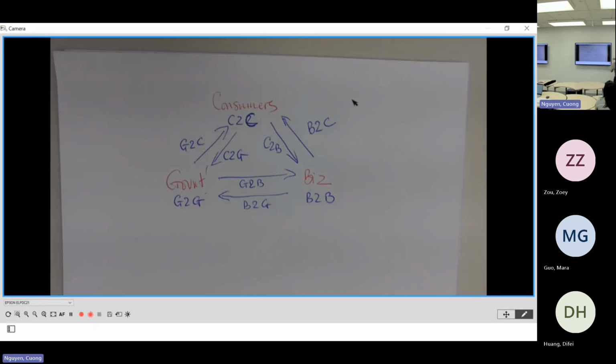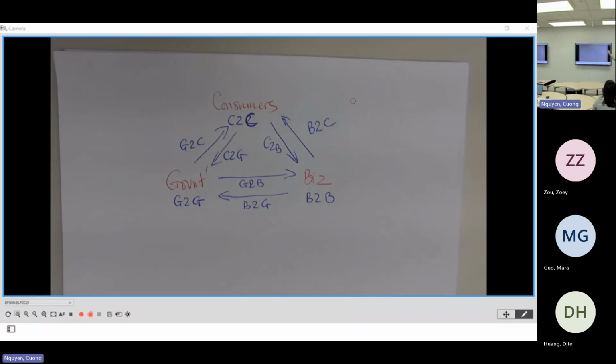The most in volume is this one, C to B. Customer to business is the most in volume, and the most in value is B to B.